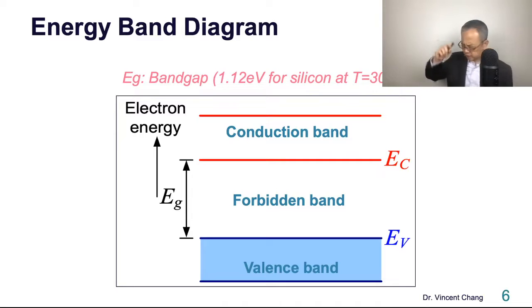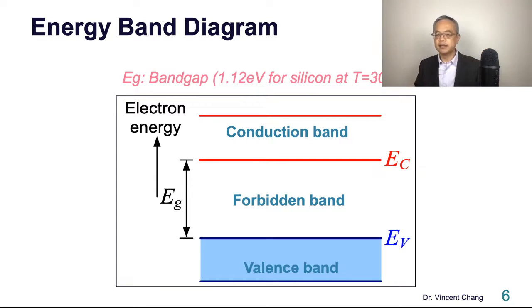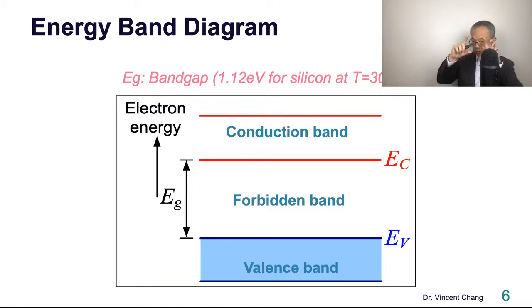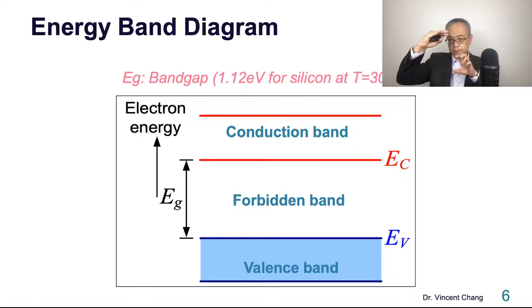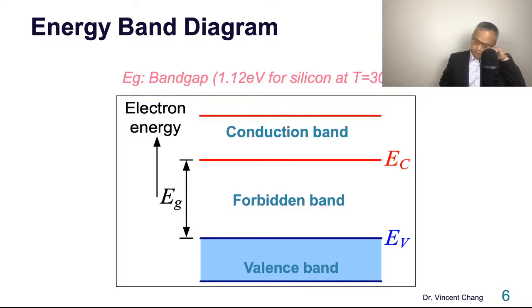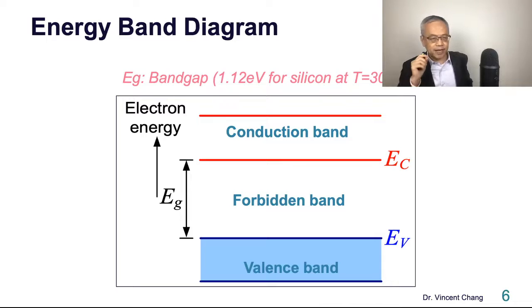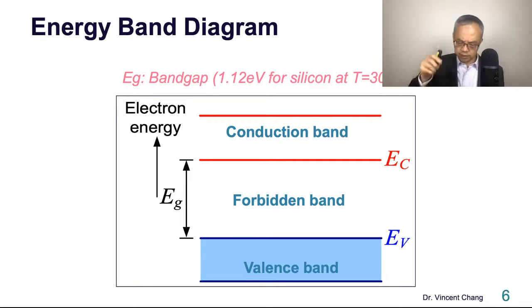In other words, it's the energy between the conduction band minimum, which is EC, and the valence band maximum, which is EV. The band gap energy is a very, very important characteristic parameter for a semiconductor material.